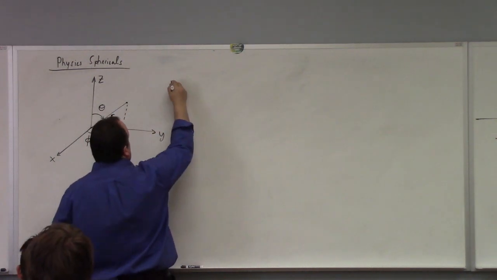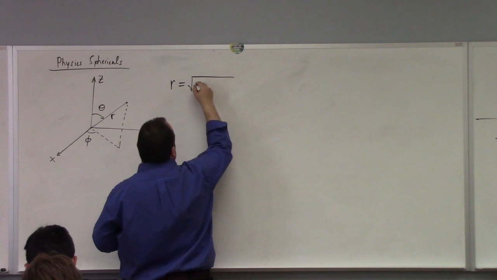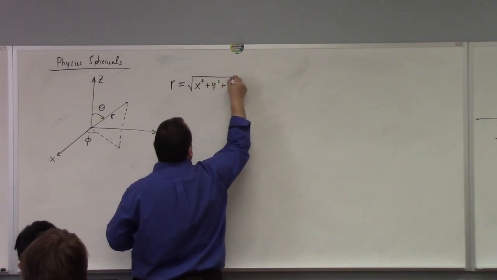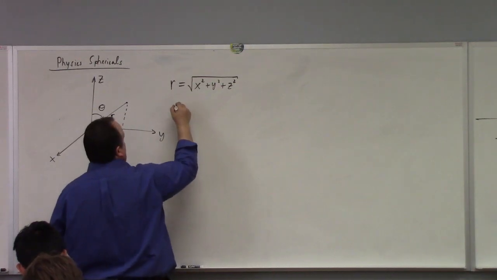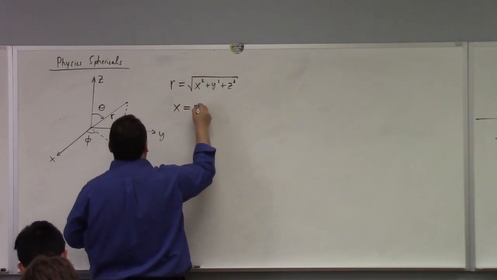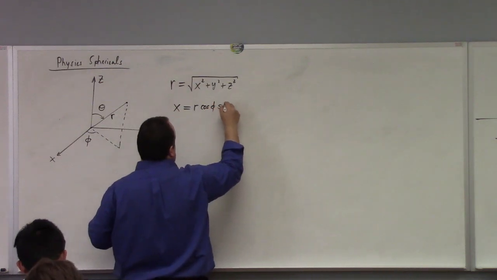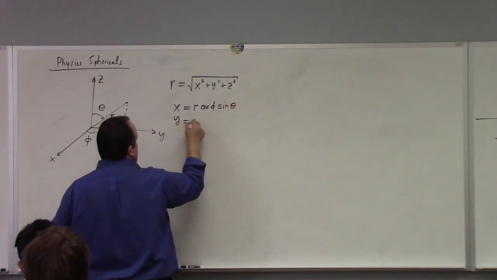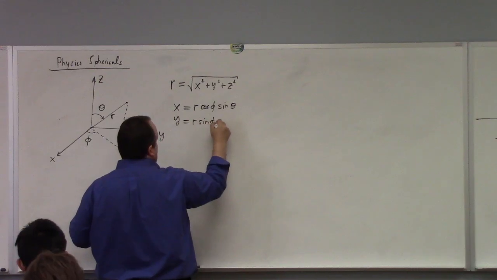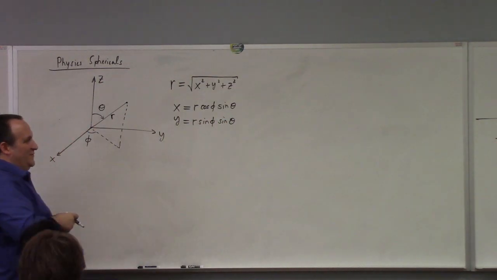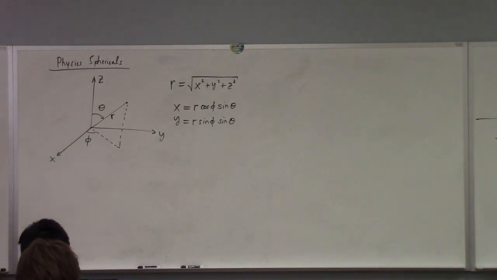So r, the spherical radius, is the square root of x squared plus y squared plus z squared. All right? And x, by the way, is equal to r cosine phi, sine theta. Y is equal to r sine phi, sine theta. Hey, look, the formulas agree at y, just enough to get you confused.